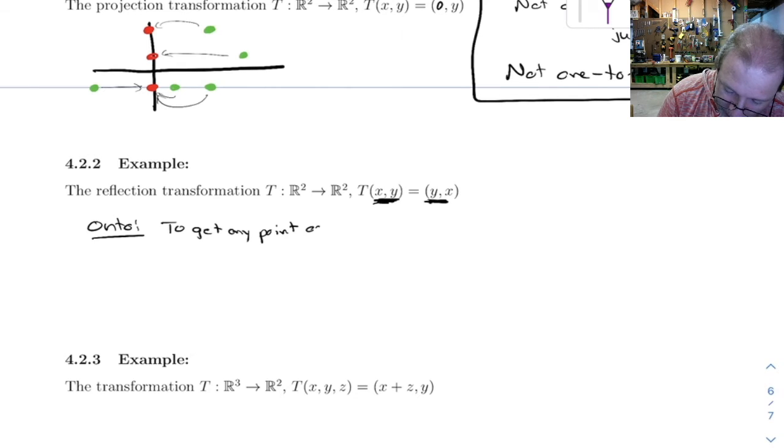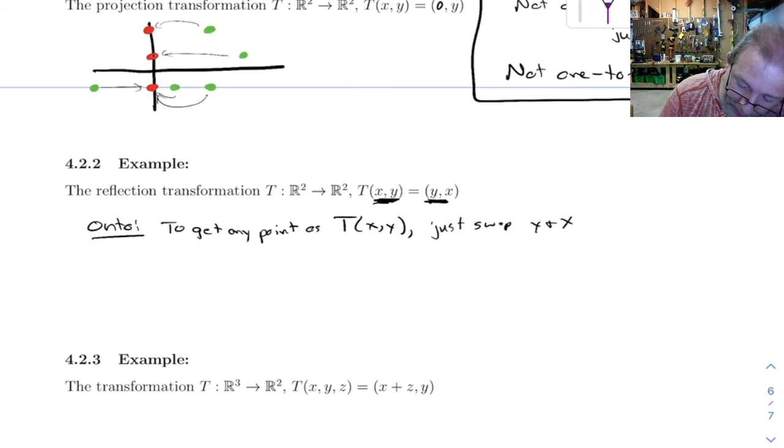To get any point as T of xy, just swap y and x. Maybe that's still a confusing way of saying it.